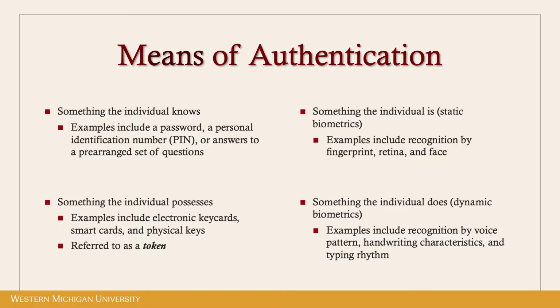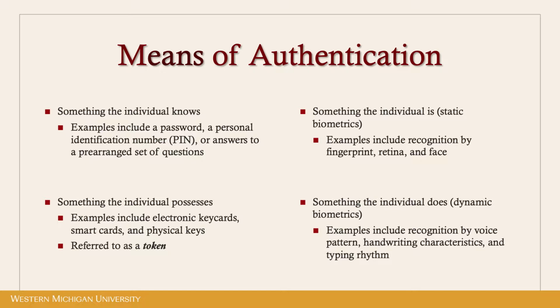Now, another couple options are something the individual is. You've probably seen people who have computers where you swipe a fingerprint to open things up, and maybe you have to type your password and then verify with a fingerprint. So that's fingerprint, retina scans, facial recognition, or something the individual does. This is dynamic biometrics. This could include recognition by voice pattern, handwriting characteristics, and even typing rhythm.